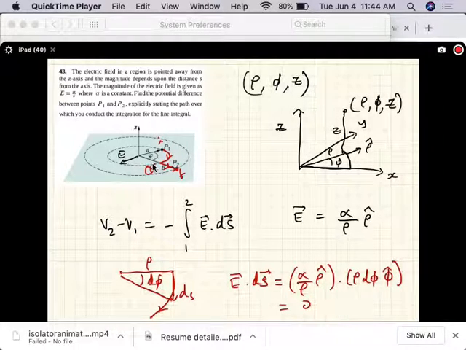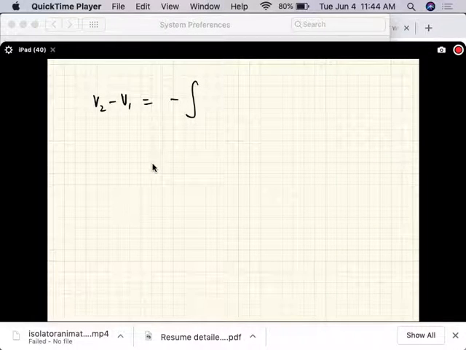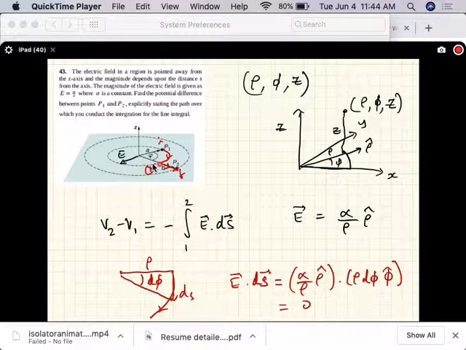So we are going from here to there, 1 prime to 2. When you're going along that path, you're going from a radius of rho 1 to rho 2.